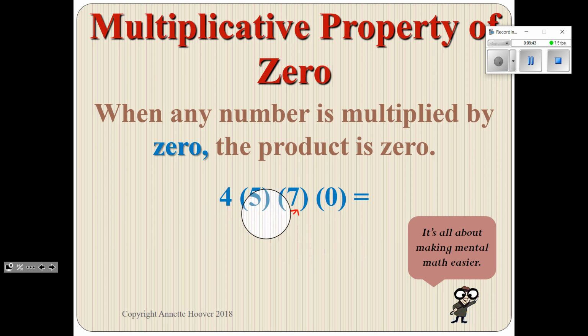So you see all those things multiply together, and one of them is a 0. You know the answer is going to be 0. There's no reason to go through all of that. This is trying to make your life easier here. So it doesn't matter how many there are, it's going to be 0.